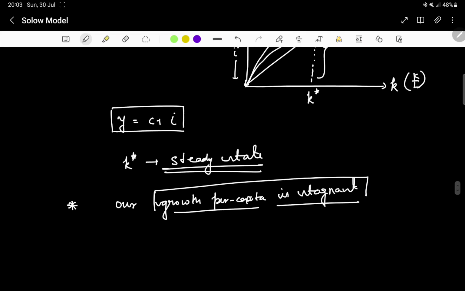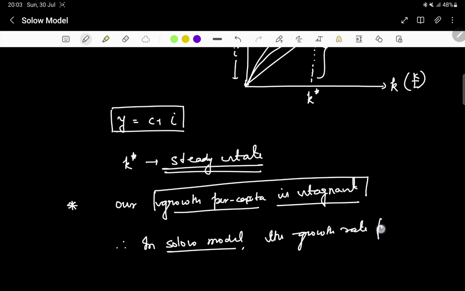So we can say, therefore, in the Solow model, the growth rate per capita at steady state becomes 0.